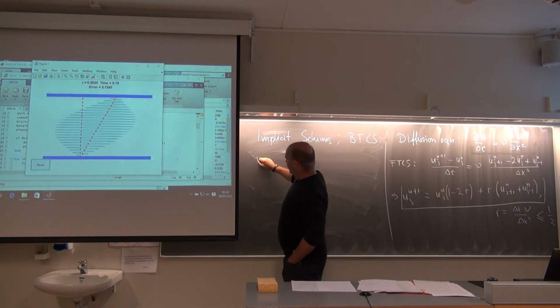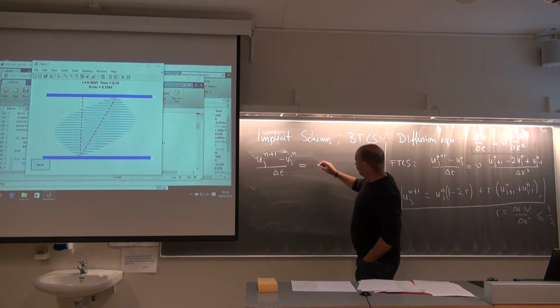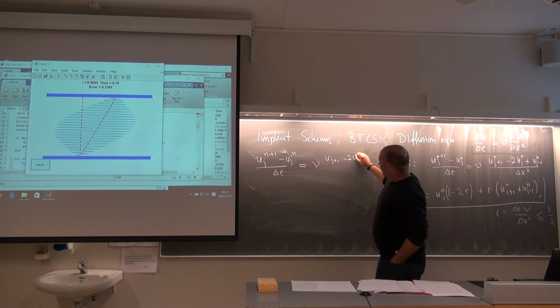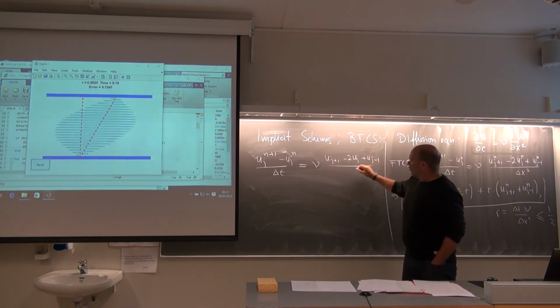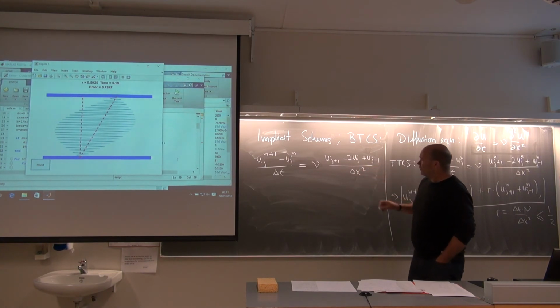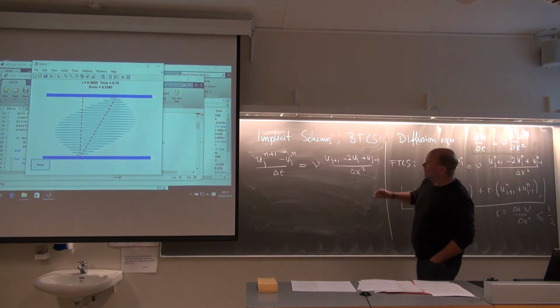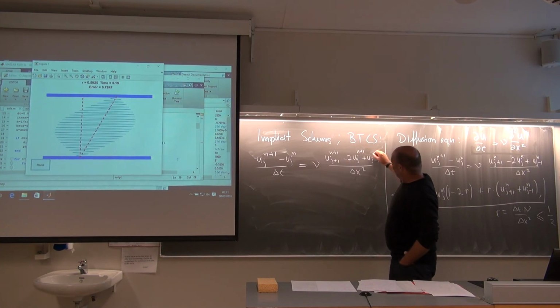And the scheme should look something like this. U_j^(n+1) minus U_j^n over delta t equals, and then on the other side, the same recipe, viscosity times U_(j+1) minus 2 times the center point U_j plus U_(j-1) over delta x squared. But now the right hand side is taken from the new level, n plus 1, n plus 1, n plus 1.